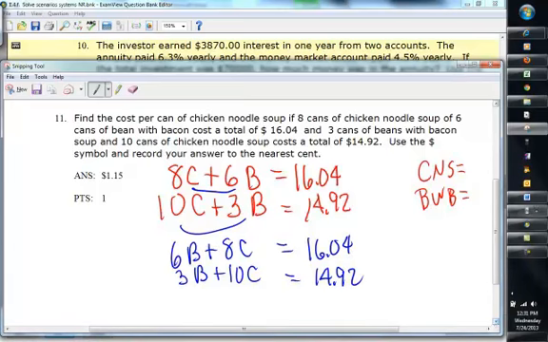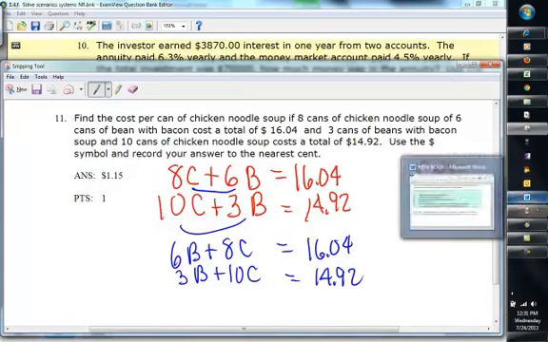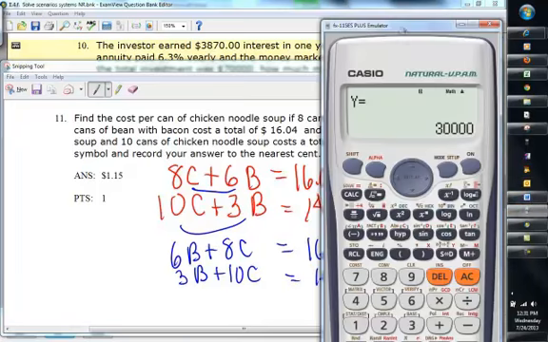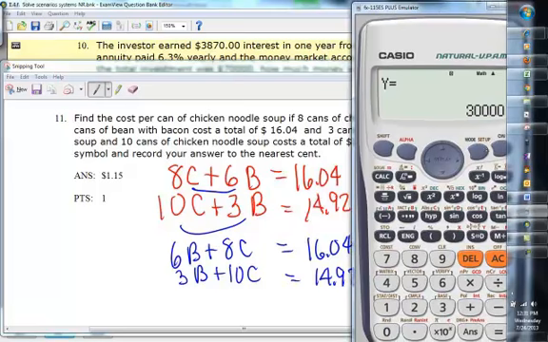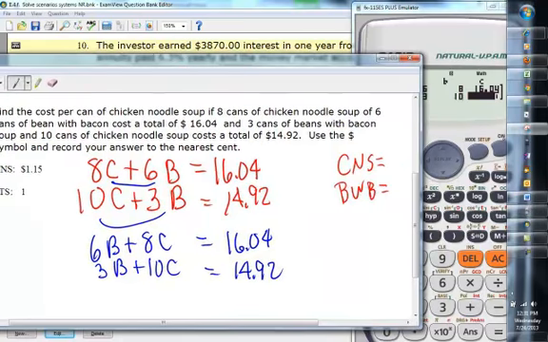We could solve it by elimination, but this one is just perfectly set up for our calculator. Mode 5, 1. 6 and 8 makes 16.04. 3 and 10 makes 14.92.